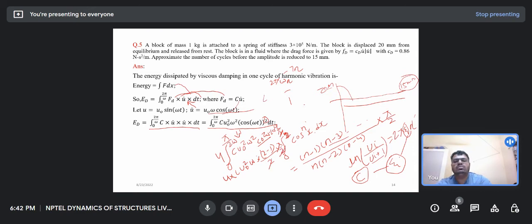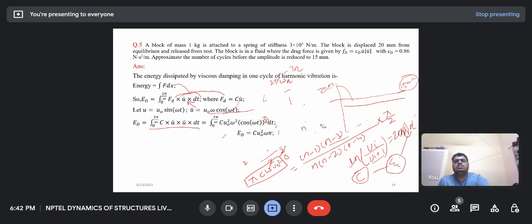So these two cancel out, and that becomes pi c omega u naught square. Okay, did you understand up to this, how I have done the integral? Yes, sir. You can solve it simply using integration by parts, but this is the simplest form of solving this equation.